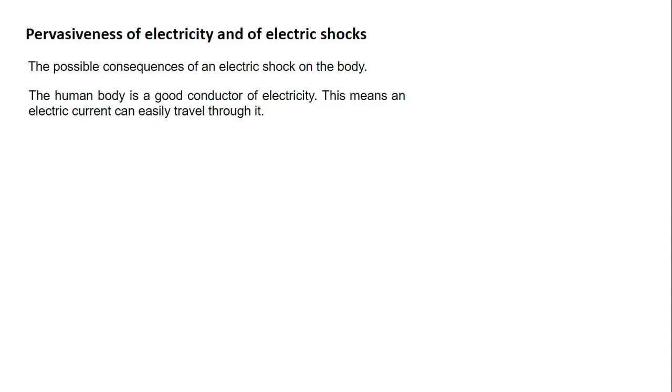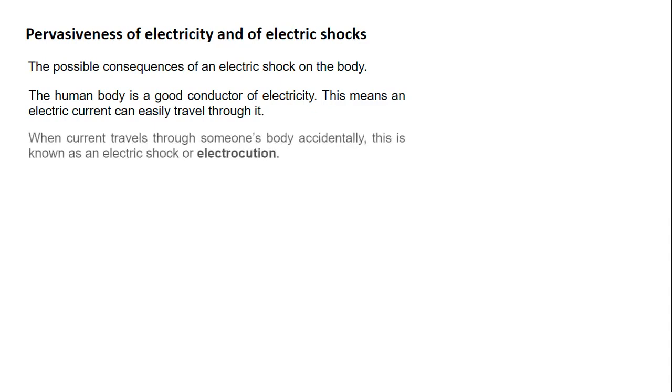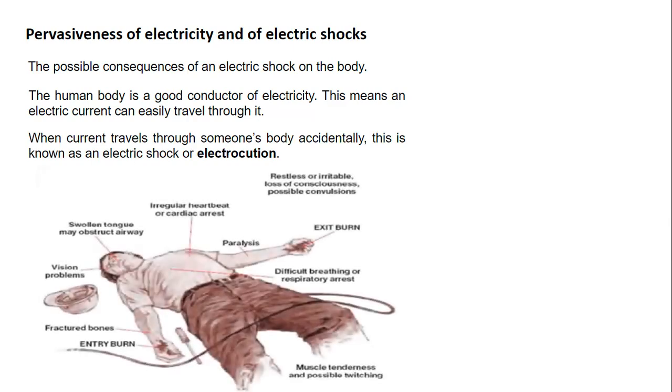That makes the human body a good conductor. When current travels through someone's body accidentally, this is known as electric shock or electrocution. You can see what consequences could result from electric shock. That could be minor ones or major ones.